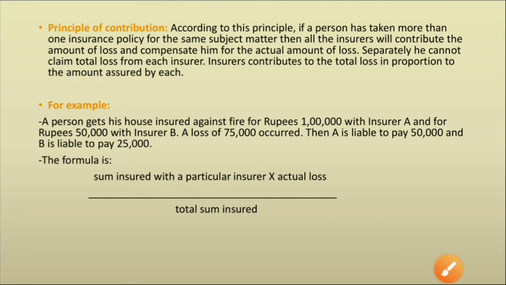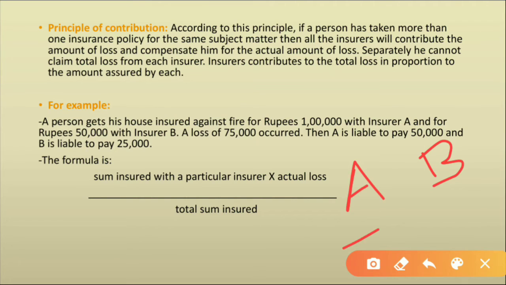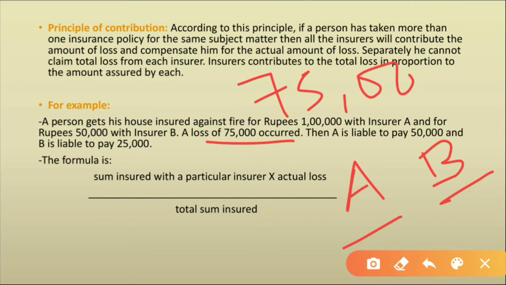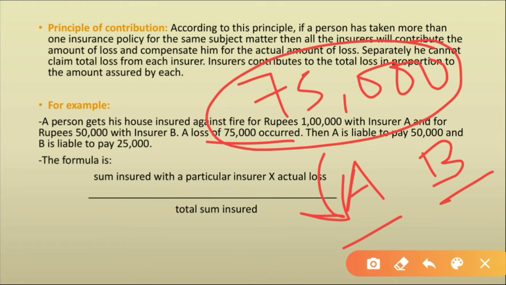It means, students, if a person has taken insurance policies from two companies, let's say A and B, and the loss is 75,000, he cannot ask for all the 75,000 from one company or all the 75,000 from the other company. Both companies will pay him the loss according to the amount of the insurance policy.